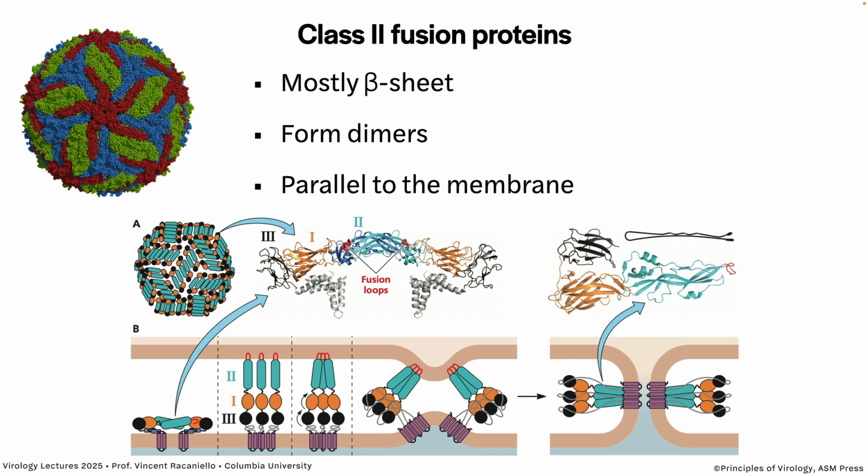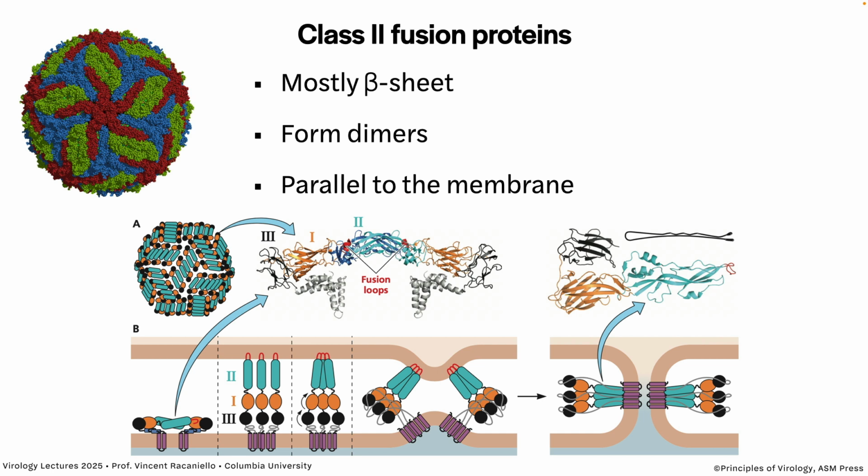The fusion loops go into the cellular membrane. They're unhappy in this extended conformation, so they hairpin, which means they reform their structures that are favorable. And in doing so, the membranes are brought very close together and they fuse. So that's the hairpin conformation that is energetically favorable.